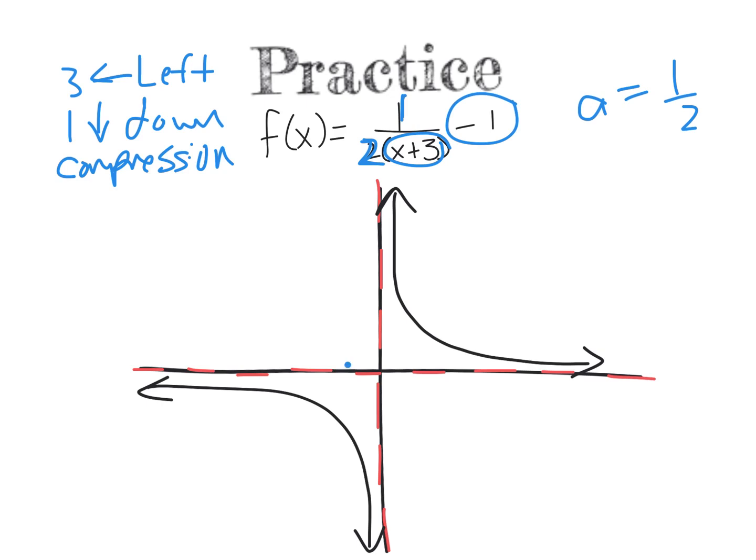Let's start with the vertical asymptote. 1, 2, 3. I'm going to draw a dotted line down at -3. And then the horizontal asymptote is 1 unit down. And then it's a compression. So we're going to draw this line really close to the asymptote.